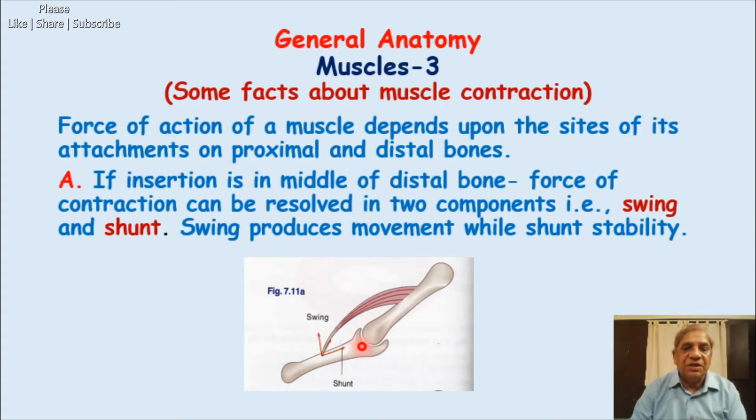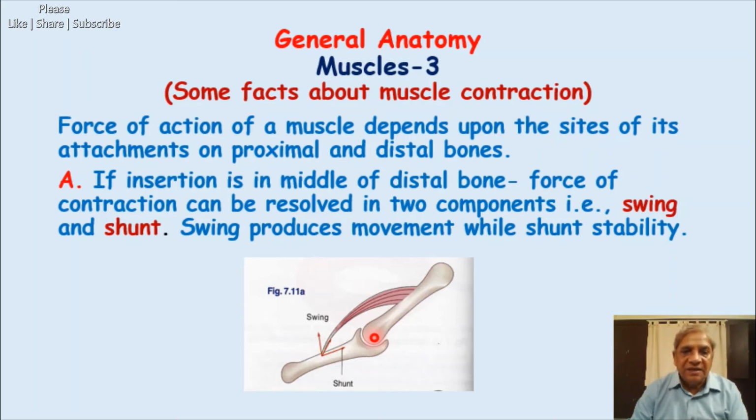So the pull of this component of the force will just keep the upper end of the ulna close to the lower end of the humerus. That means it will produce stability in the joint. Joint will become stable when the movement is taking place.